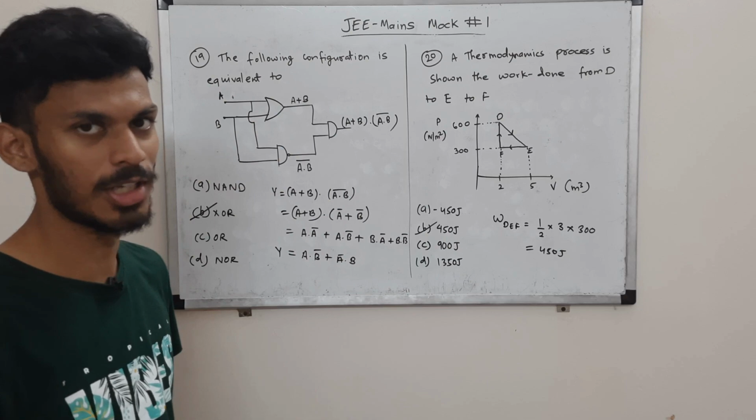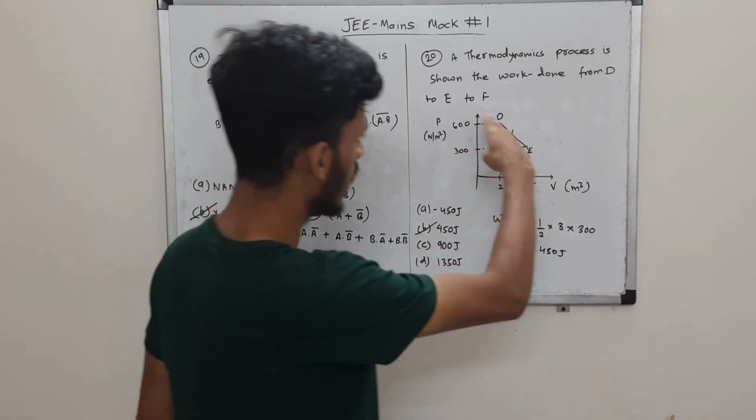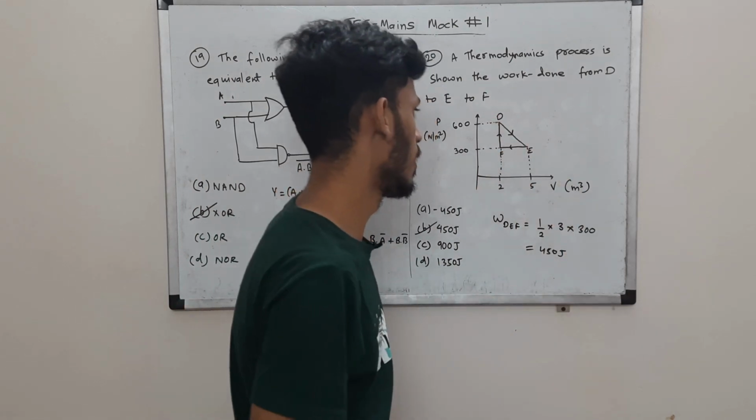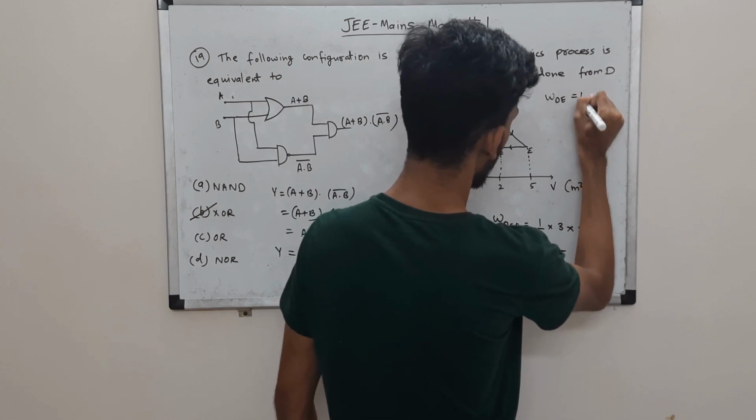Yes, clockwise is positive, okay, since the process is clockwise, it is positive. Or you could have found the area under DE curve, okay, if you want to do it that way. Area under DE curve is, it's the area of trapezium, right?